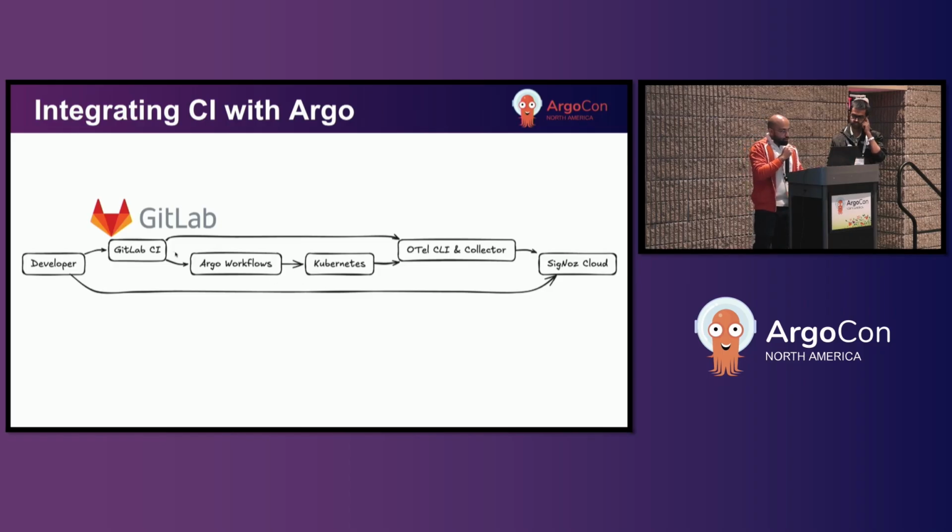GitLab, from its CI, will send its data to our OTel collector, whereas the workflow that has been created on GitLab will go through Argo Workflows, then to Kubernetes, and then to our OTel collector. From there, we can visualize everything on whatever backend you are using, and in this case, SigNoz. So that is a very simplified architecture of what we did.